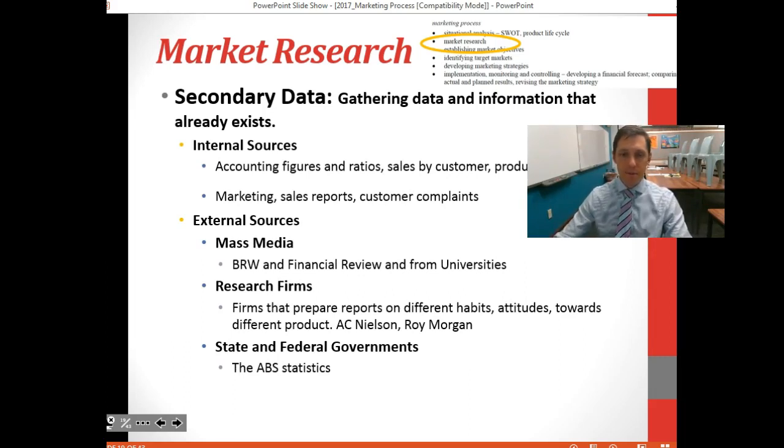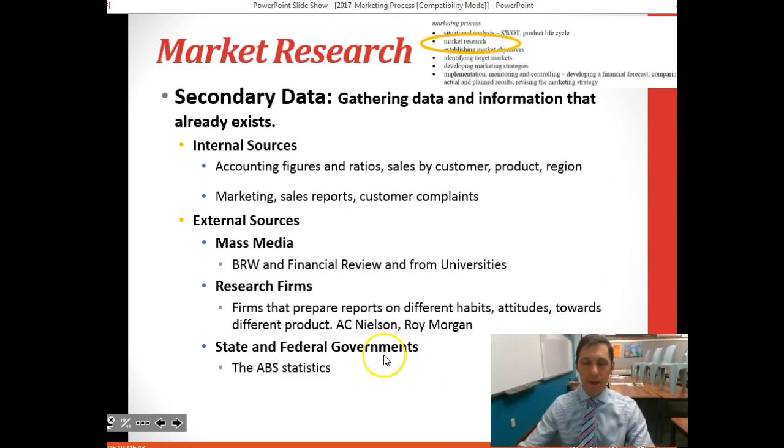So the Australian Bureau of Statistics, for example, is a very common secondary data source, particularly data that comes out of the census. Every 4 years, census data is collected, and that's a prime example of secondary data. Some other examples would be internal data, for example accounting figures and ratios, and marketing and sales reports from another part of the business that could be utilised by a different division.